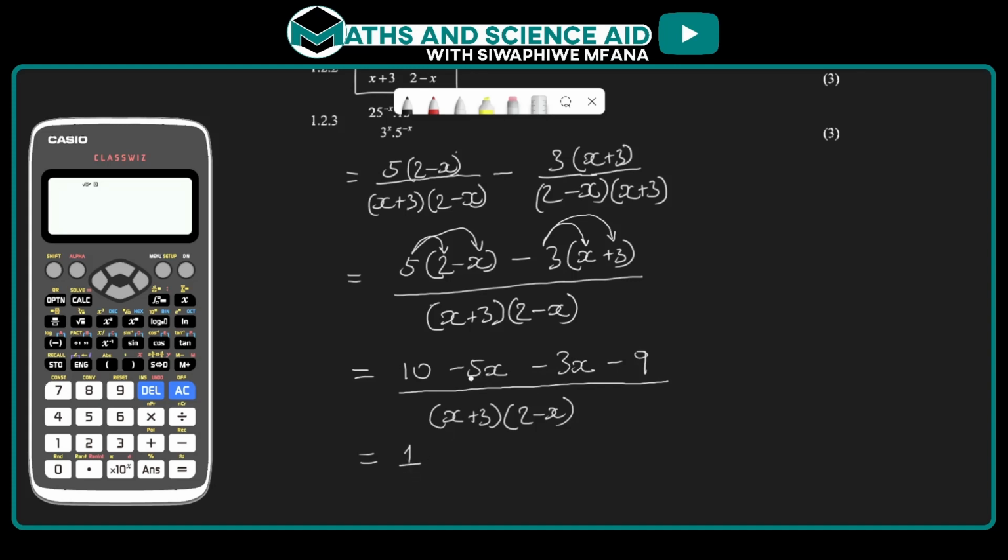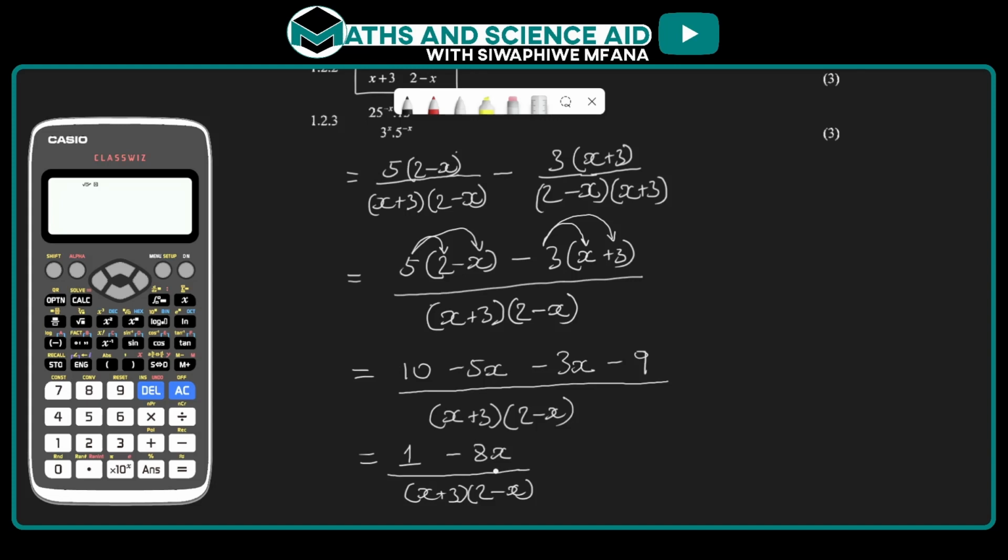And then we also have -5x and -3x as our like terms. And so -5x minus 3x is going to give us -8x. And then we need to divide all of this by x plus 3 into 2 minus x.